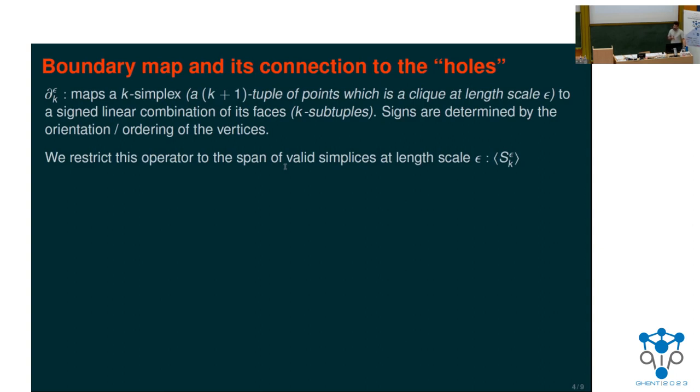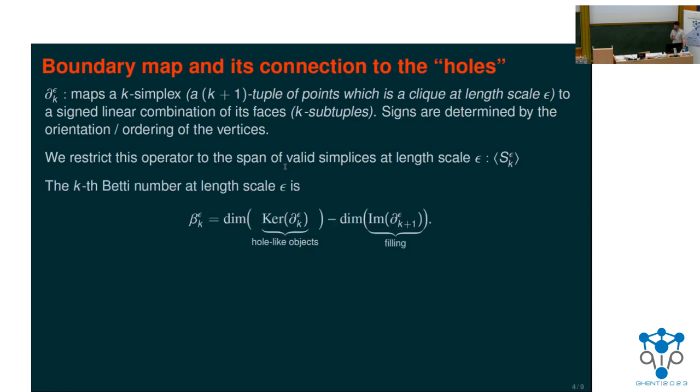And one thing that we need to consider here is that the boundary operator can be defined just as mapping simplices to their faces, but now we care about its connection to the actual object that we have, so we need to restrict this boundary operator to the valid set of simplices. And so this is the actual boundary map we deal with. We restrict it to the simplices of the complex.